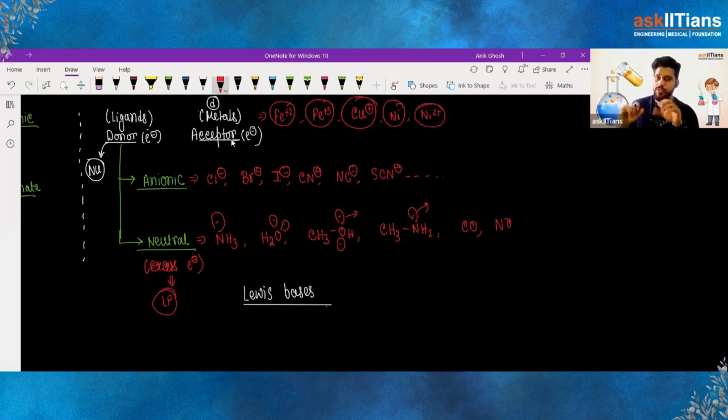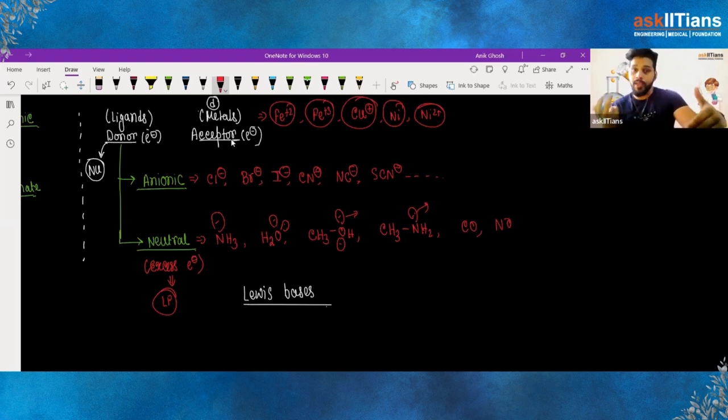Long story short, if you have gone through the d and f block chapter, you know by now, guys, that every d-block element, I'm talking about the 3d series, the first d series, is stable in the +2 oxidation state. So you can consider every one of the d-block elements with a +2 oxidation state.